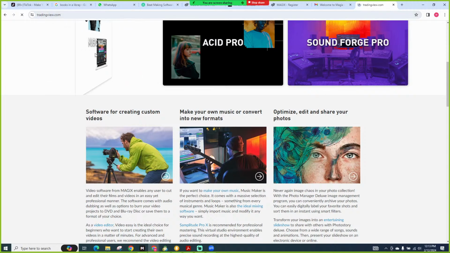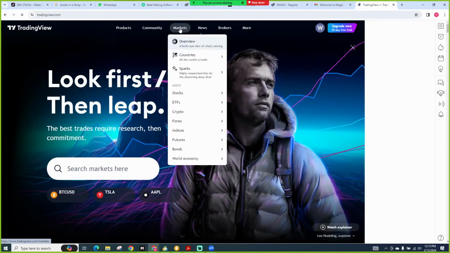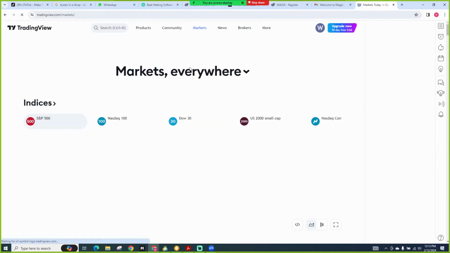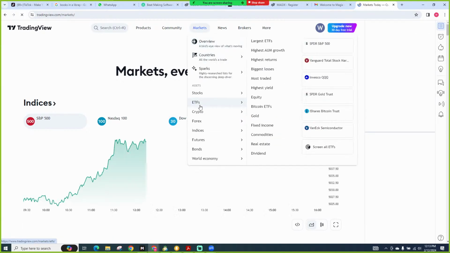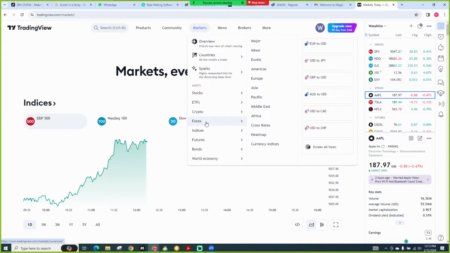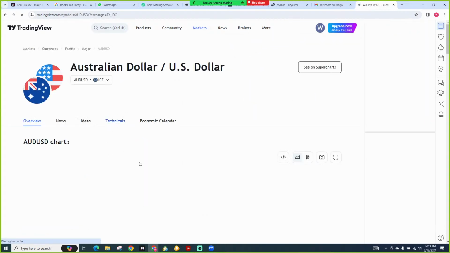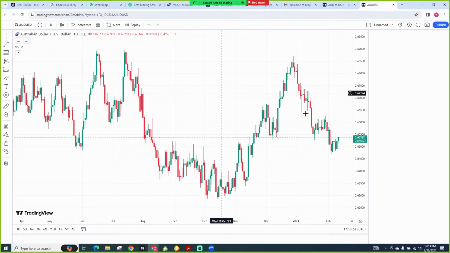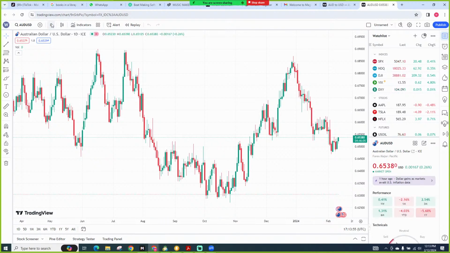Let's see Trading View. It's Aussie USD, right? Aussie USD 4 hours.